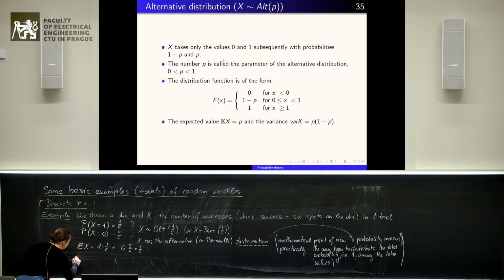The variance is the expected value of x squared minus the square of the expected value, and the expected value of x squared is given by the squares of taken values multiplied by the probabilities of the taken values.